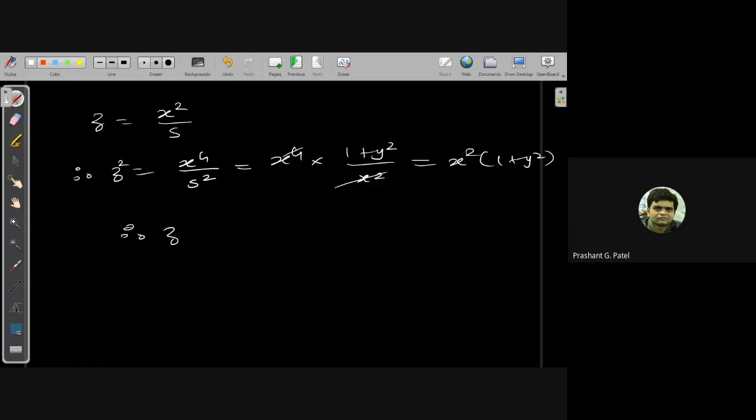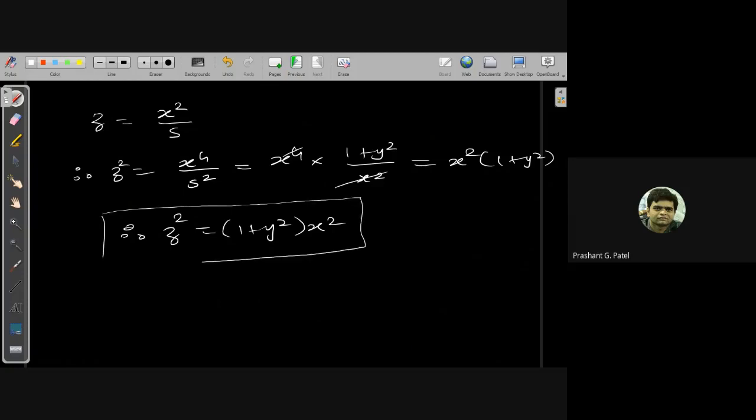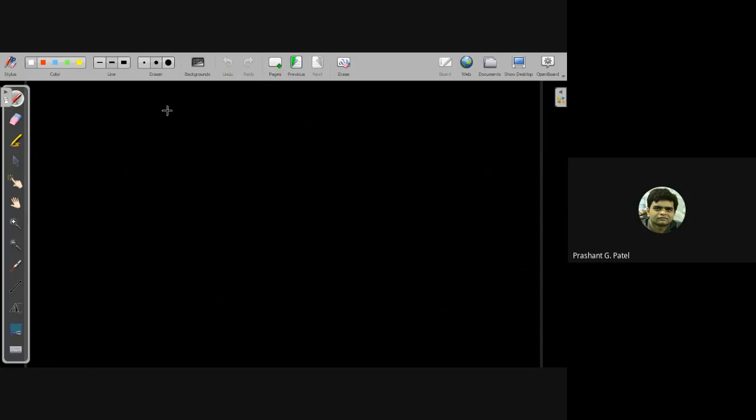So finally the answer is z square is equal to 1 plus y square into x square, your surface, or I can say integral surface, which passes through a given initial line. Let us solve one more example.